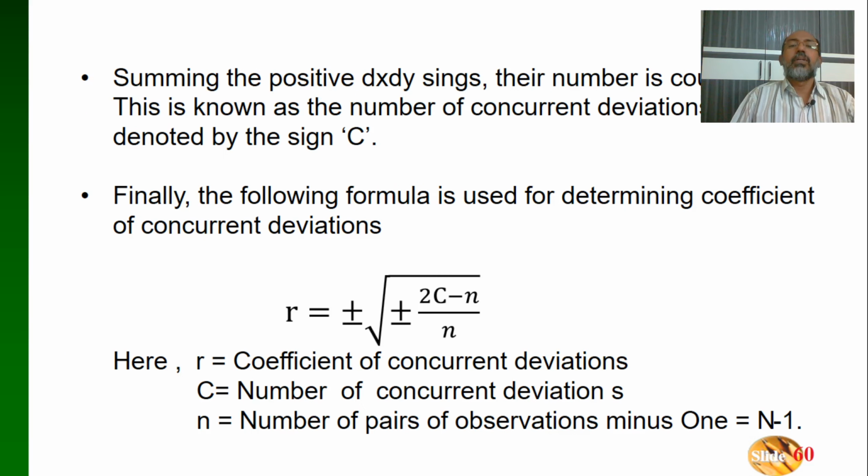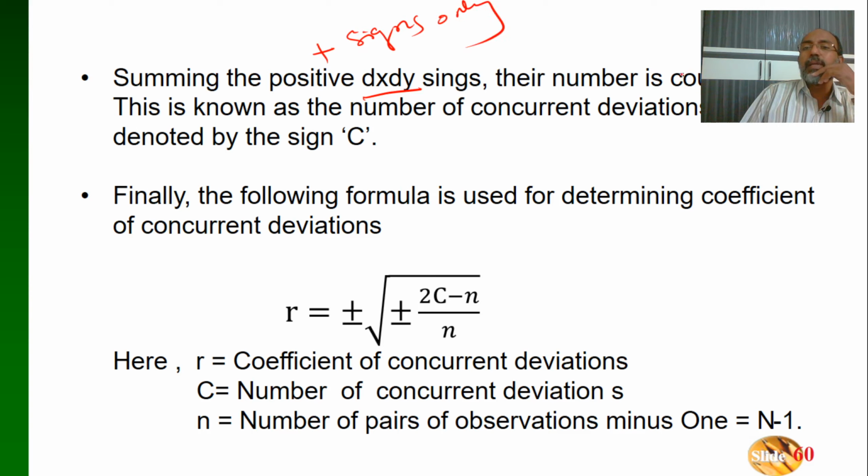The next step is summing the positive dx dy. We want only the positive values, that is, the plus signs only.